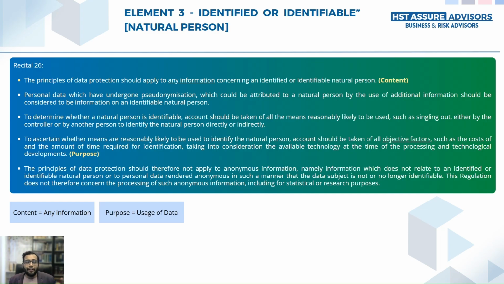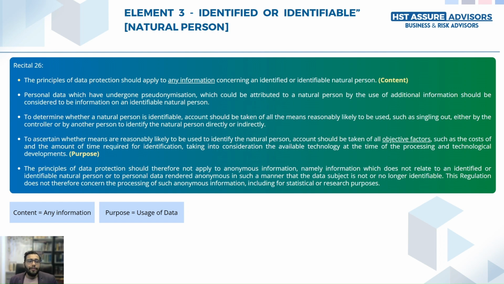So, two important aspects from recital 26. Number one, it talks about the content, that is any information, and the purpose. Number two, it talks about the objective factors that we need to think of before we can say that yes, the person is identifiable directly or indirectly.